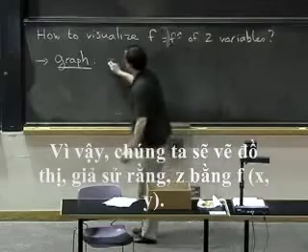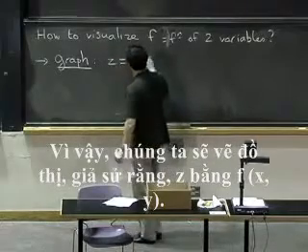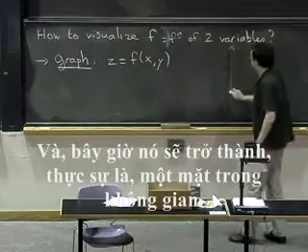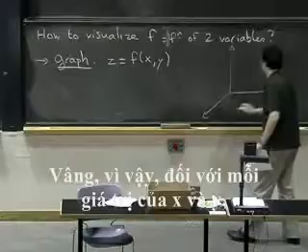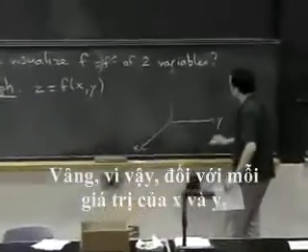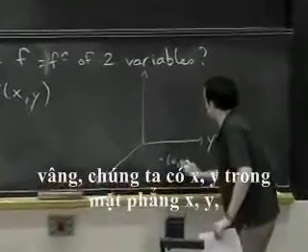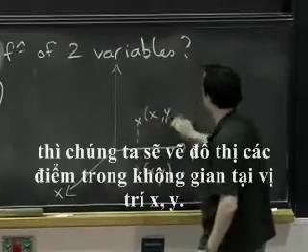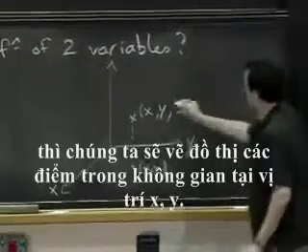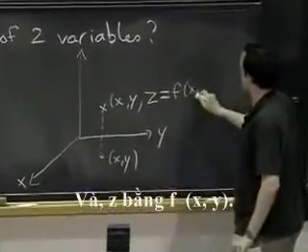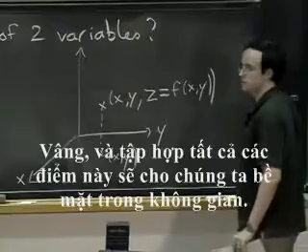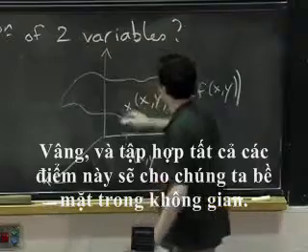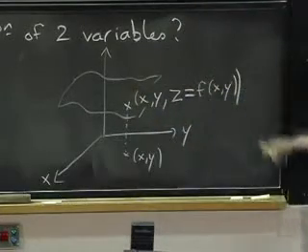So we'll plot z equals f of x y, and now that will become actually a surface in space. Okay, so for each value of x and y, here we have x y in the x y plane, then we'll plot the point in space at position x y and z equals f of x y. Okay, and if we take all of these points together, they will give us some surface that sits in space.